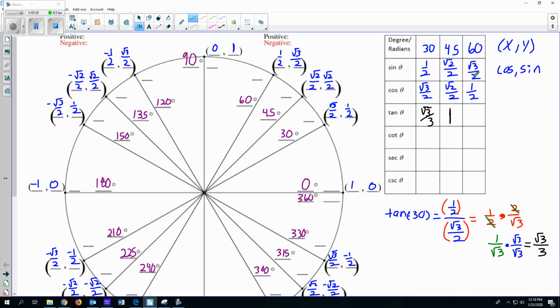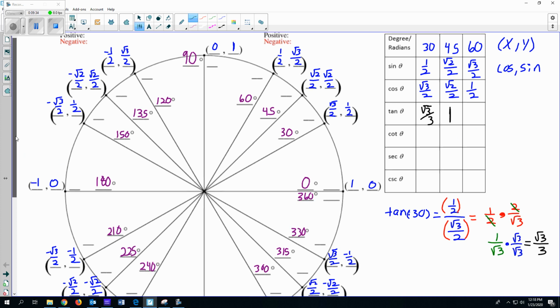And then for 60 degrees, this one's a little bit easier to do, and once again, I'll just go ahead and do it on the side of my paper. So let's see if we want to do tangent of 60. This one should work out a little bit nicer than the first one we did. So square root of 3 over 2 divided by 1/2.